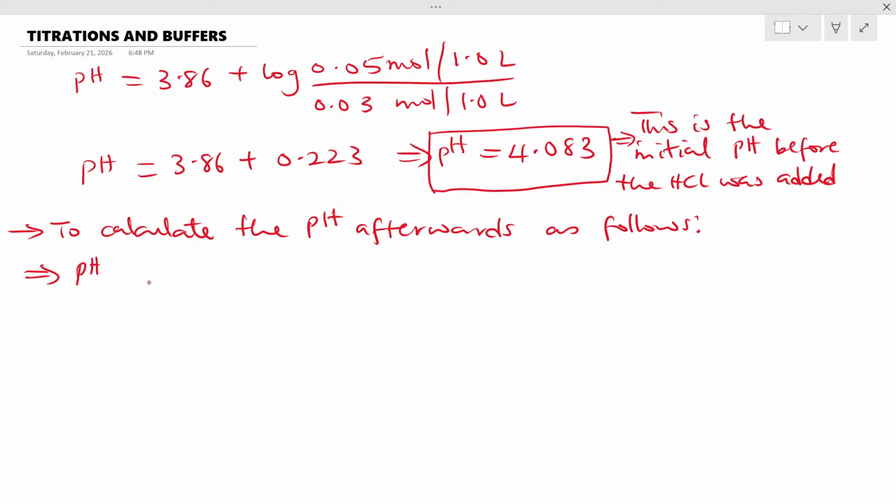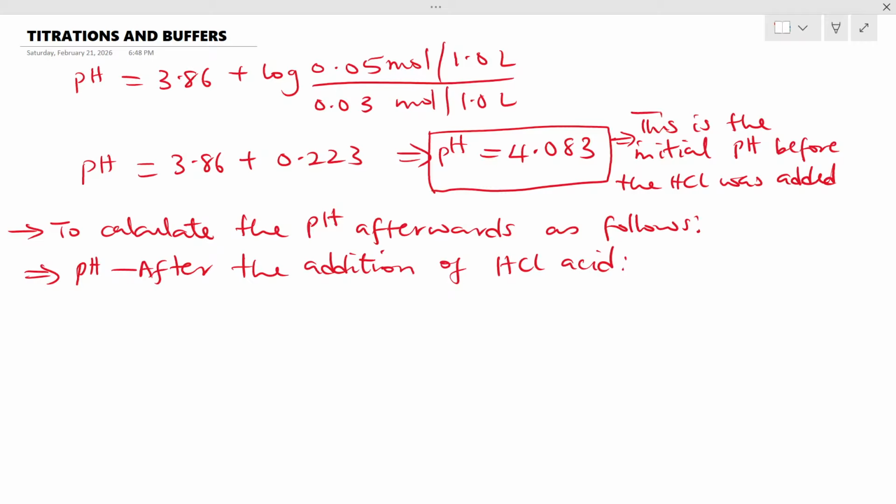So when we add HCl, hydrochloric acid, we are adding the acid, and the acid is actually represented by H plus.